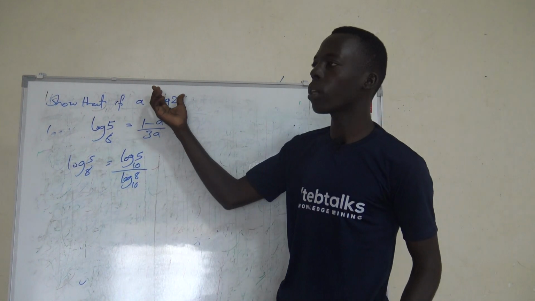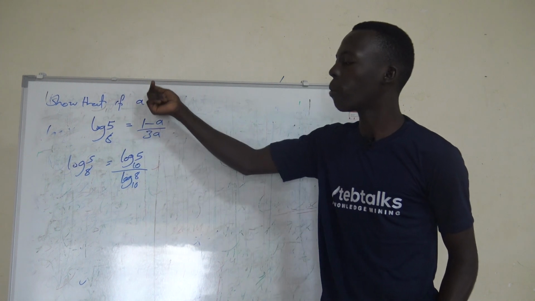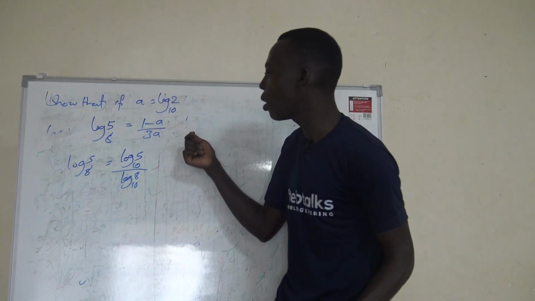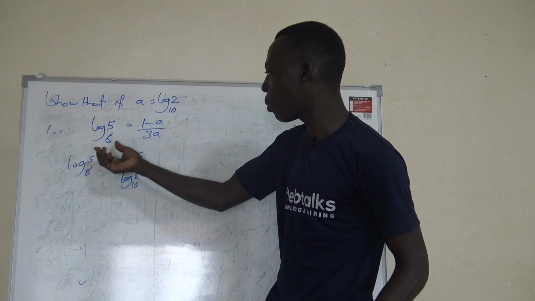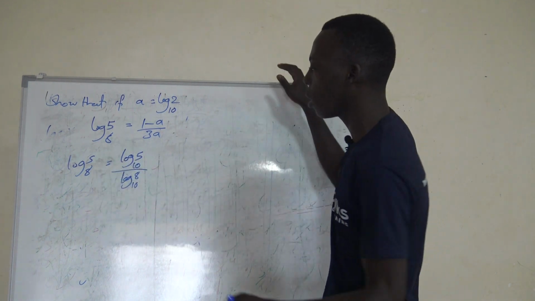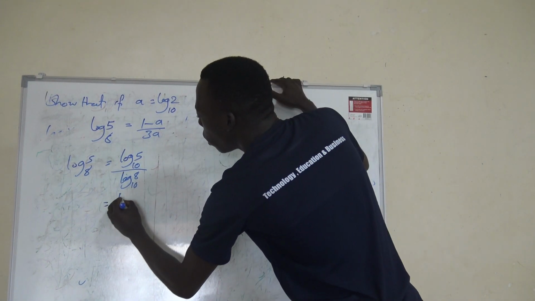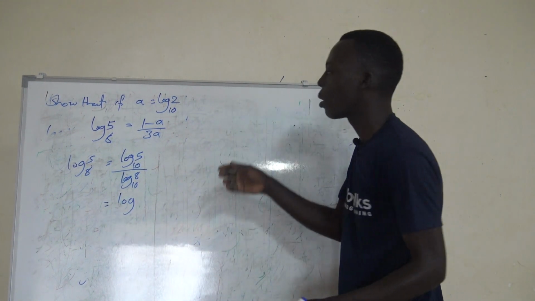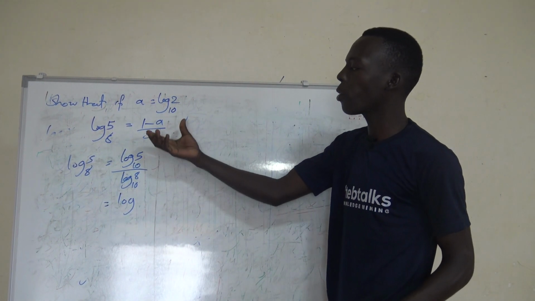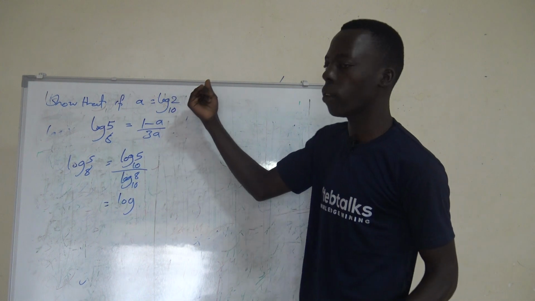But we need to get something in the form of log of 2 base 10. So we see how we can express that 5 so that we can come out with a 2.